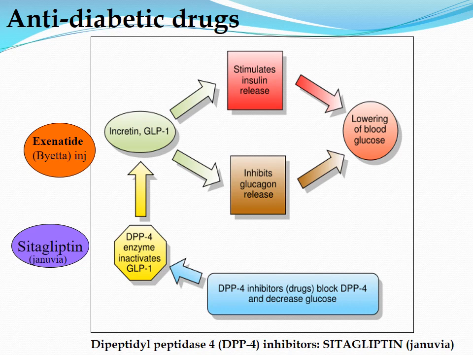But it's rapidly metabolized and its effect is brief. To solve this problem, we either use analogs of glucagon-like peptide 1, which are resistant to hydrolysis by dipeptidyl peptidase 4, or use drugs that inhibit the enzyme, such as sitagliptin.